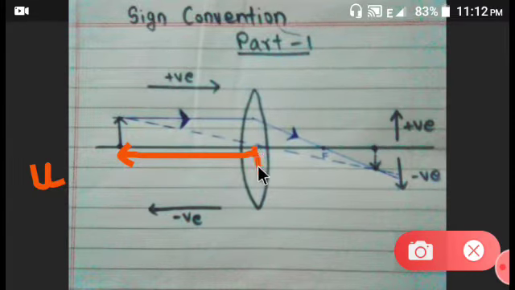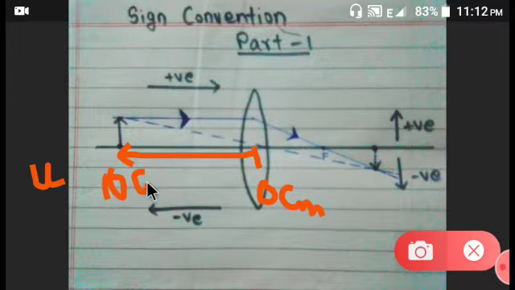According to your scale, this is 0 centimeter, and after that there will be some finite distance to the object, around 10 centimeter. Your ruler scale starts from 0 and ends at some finite distance, and the ruler is going to follow the arrow direction.